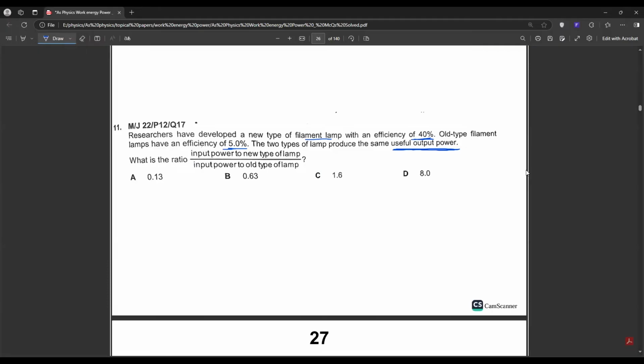Okay, so let's create two portions here, new lamps and old lamps. In the new lamp, your output power is P naught. Here also your output power is P naught. In the new lamp, you have an efficiency of 0.4 or 40%. In the old lamp, you have an efficiency of 5% or 0.05.